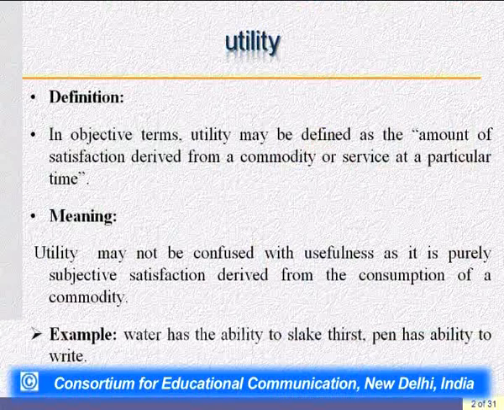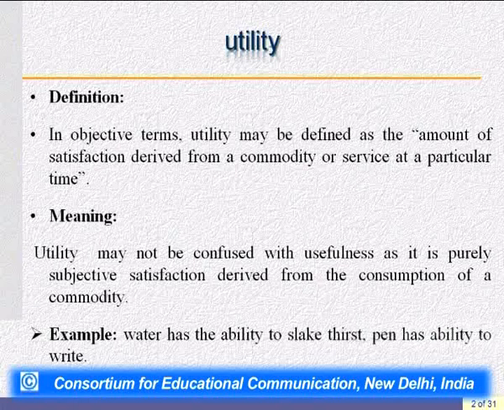Or is it not possible to measure utility? It's a part of introspection, a feeling which you experience. Nobody can measure it in terms of a unit. So in objective terms, utility may be defined as the amount of satisfaction derived from a commodity or service at a particular time.